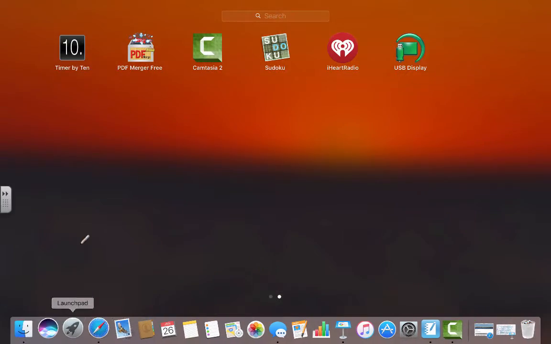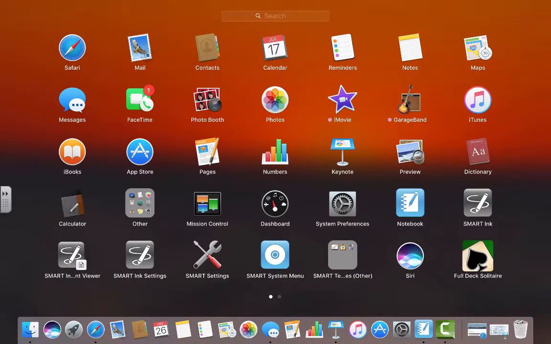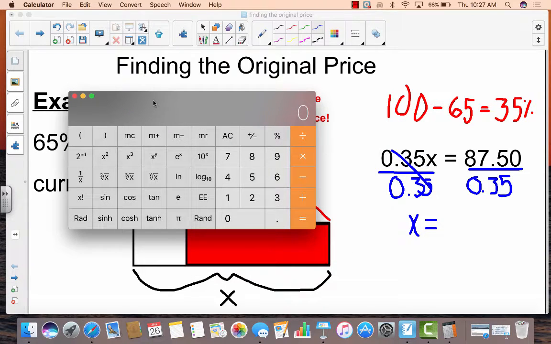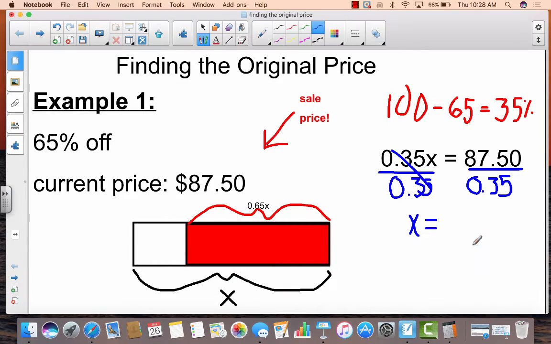Let me pull up a calculator here. So we're dividing 87.5 by 0.35. And we get x equals 250, which means the original price of this item was $250. It went on sale for 65% off, and its sale price is $87.50.